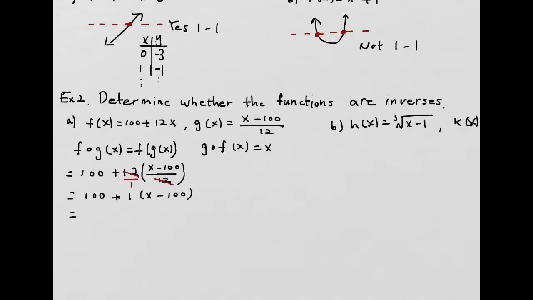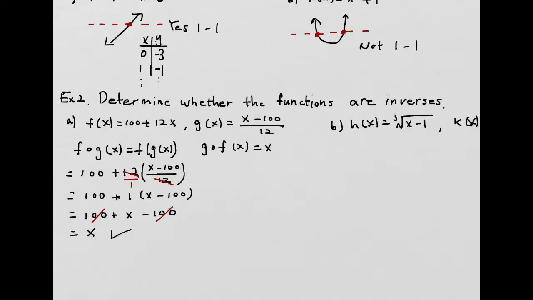And when you open the parenthesis, you get plus x minus 100. And then you can get rid of positive 100, negative 100. And then you get x by itself. So this one checks out that g of x is the inverse of f of x.